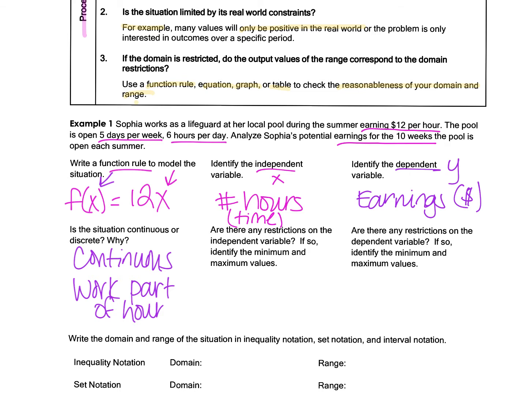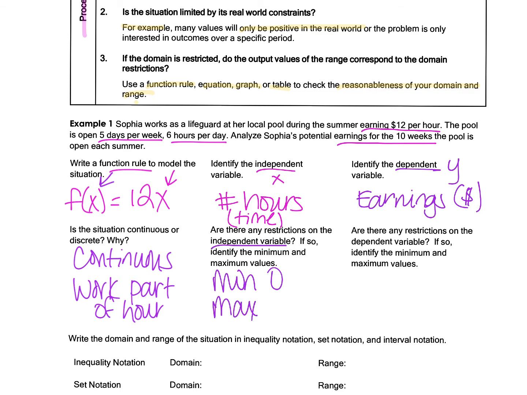So are there any restrictions on the independent variable? So independent is your x, which was the number of hours. Clearly, we want that min value to be 0. So if she hasn't worked any, that would be 0. So we can't have any negative number of hours that she worked. And then the max, we do have a max because they're only open 10 weeks.